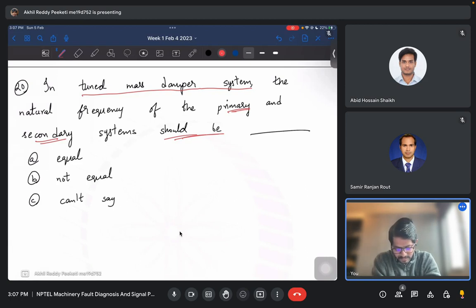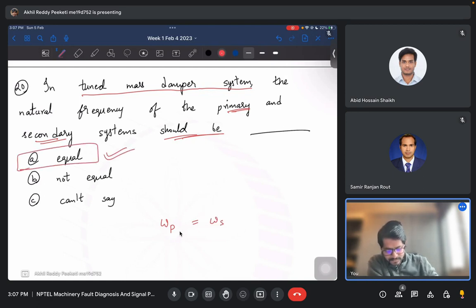So in that case, this will be the best case when both of the natural frequencies are equal. So you want the natural frequency of the primary system to be the same as the natural frequency of the secondary system. Okay. So you can refer to Sir's lectures where he has actually explained where you will be needing such kinds of systems.